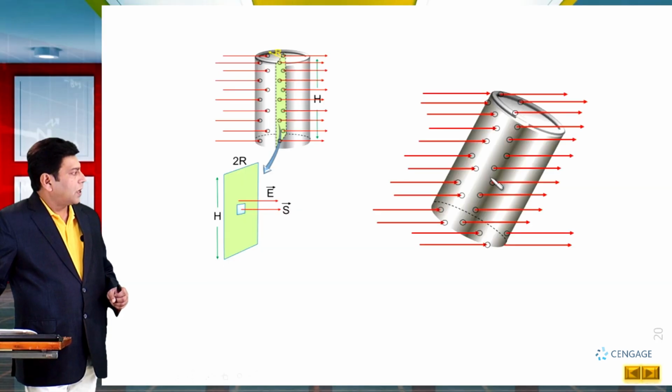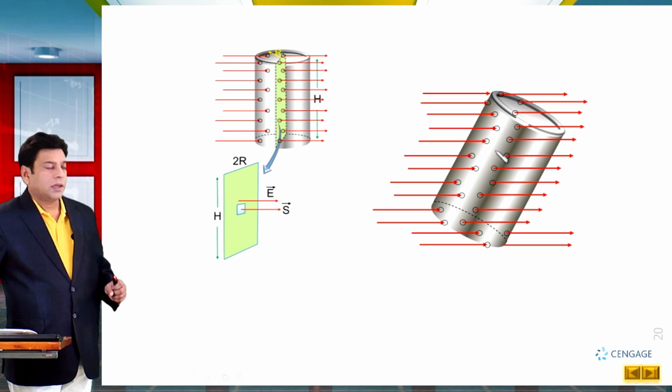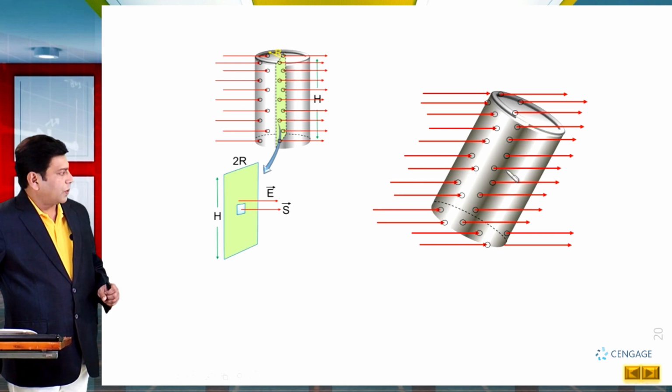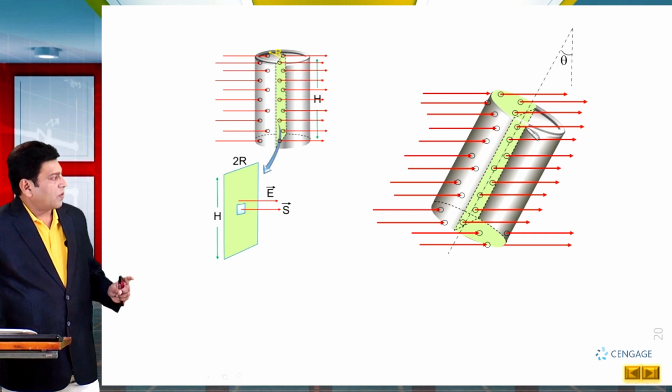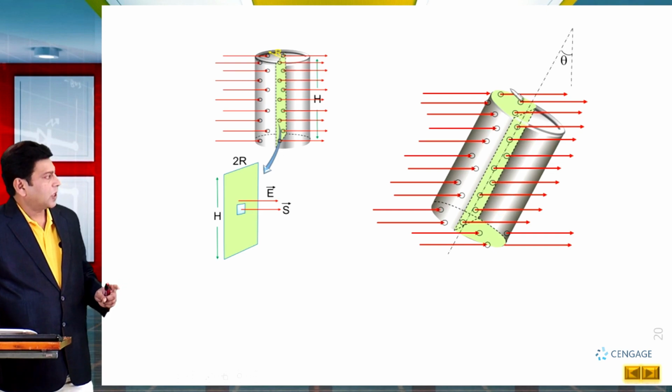Let us make the tilted cylinder again and make the cross section this semicircular part. We know this angle is theta, this semicircular part top and bottom, and here we need to calculate the flux at this orientation and this orientation.